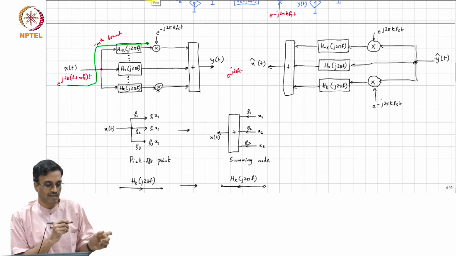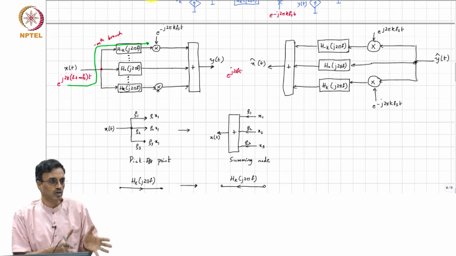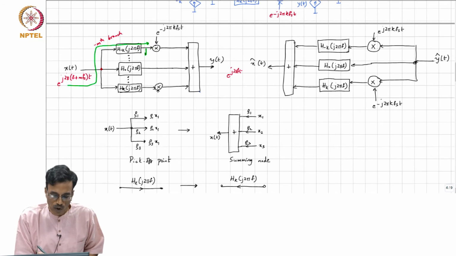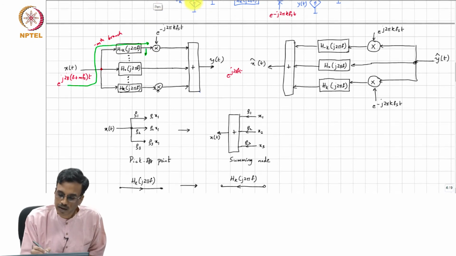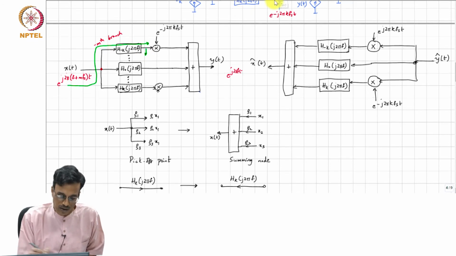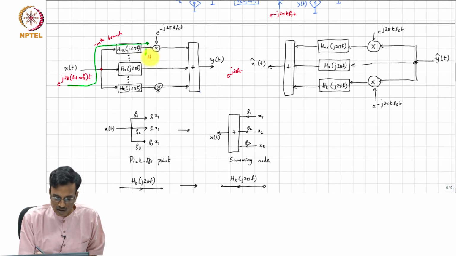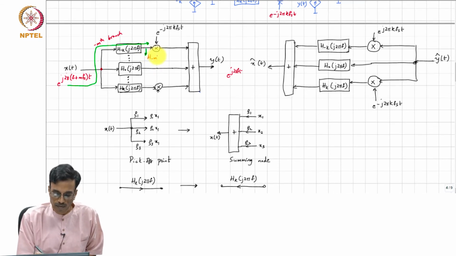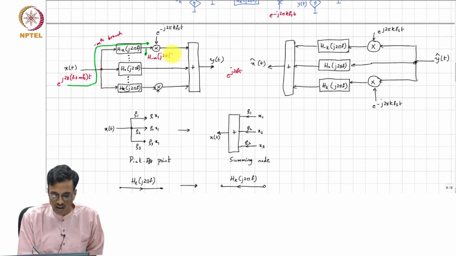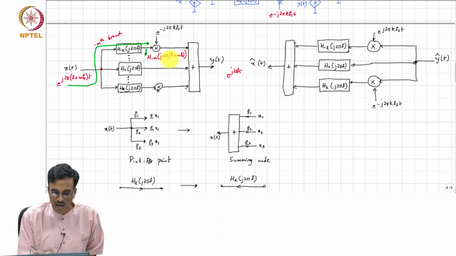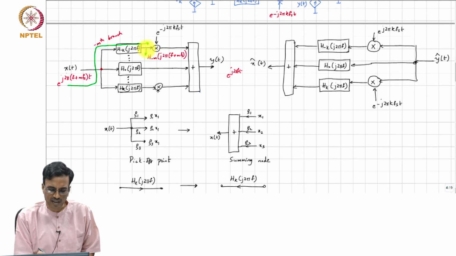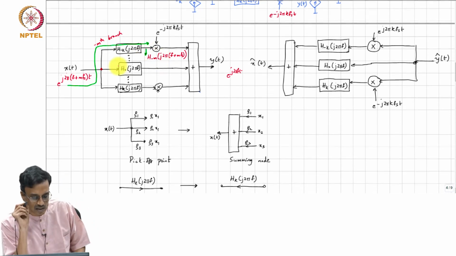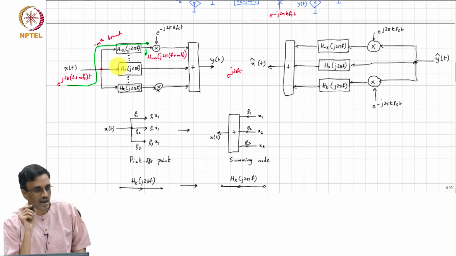The input frequency is f plus m f s. It goes through a filter whose transfer function is h minus m. So, what will be the output strength of the output tone here? Signal is there at f plus m f s only. Yeah, exactly. Basically because we are talking about a time invariant one, the signal here will be h minus m of j 2 pi f plus m f s times e to the j 2 pi f plus m f s t.